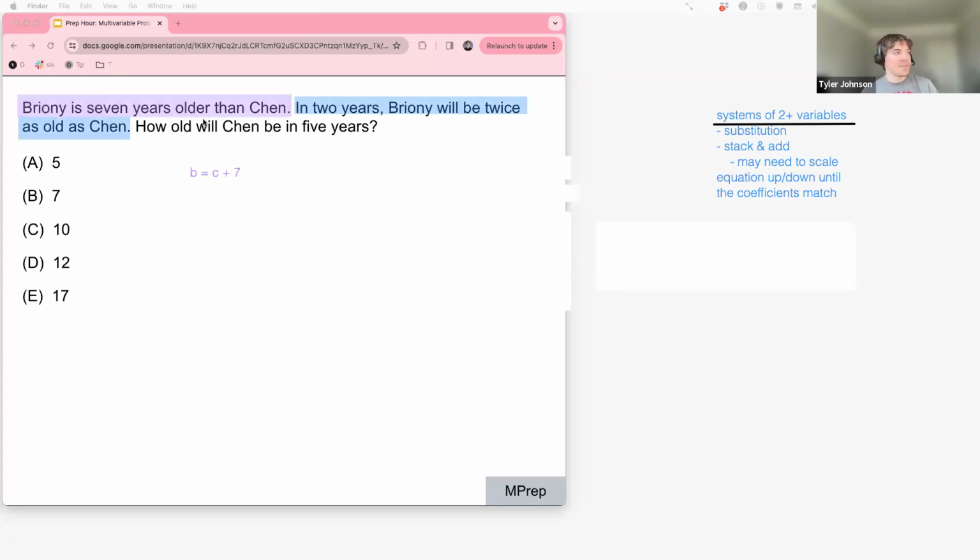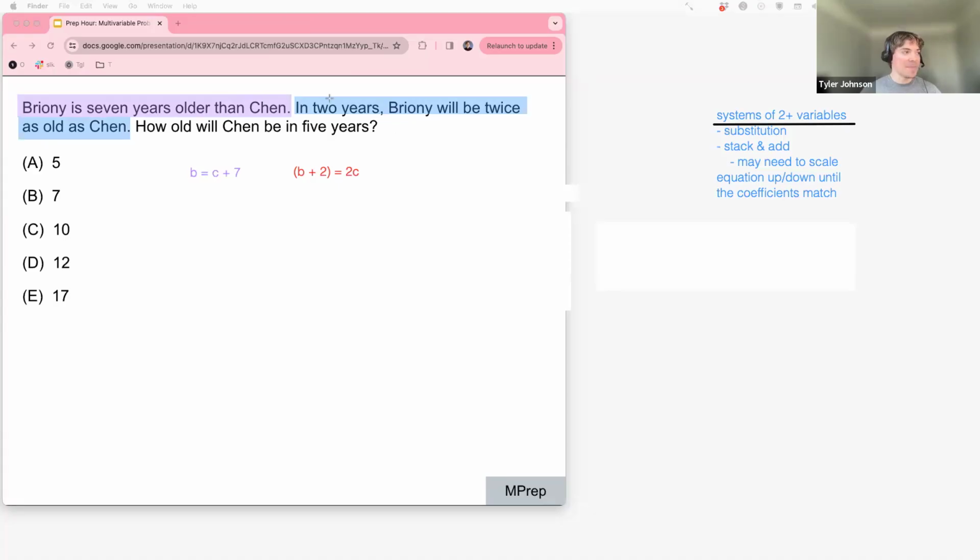So the first sentence here isn't so bad. Brioni is 7 years older than Chen, so B equals C plus 7. But the second sentence in blue, that's where a lot of people are going to get stuck here. And the most common mistake I see is people translating it as B plus 2 equals 2C.